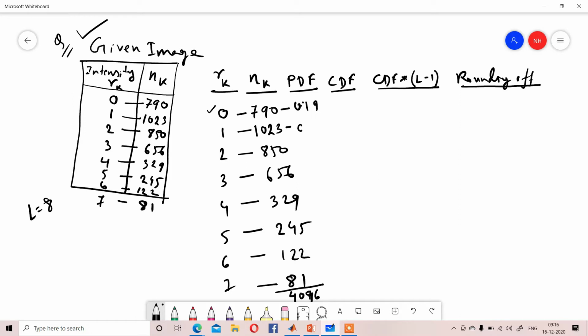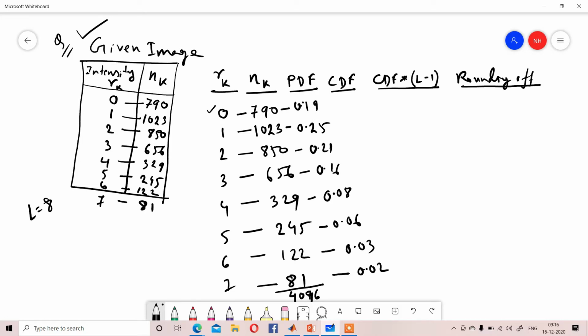Next will be 0.25, next 0.21, next 0.16, next 0.08, next 0.06, next 0.03, and the final value will be 0.02. So that is your PDF, the probability distribution function.